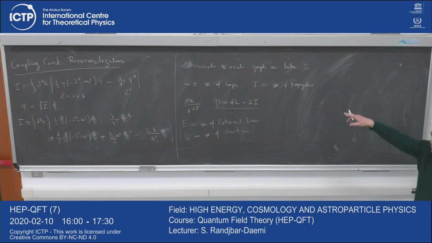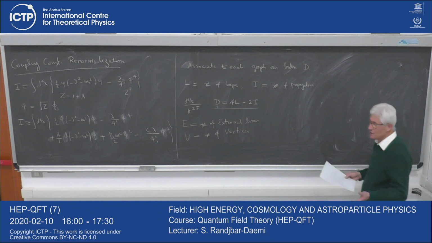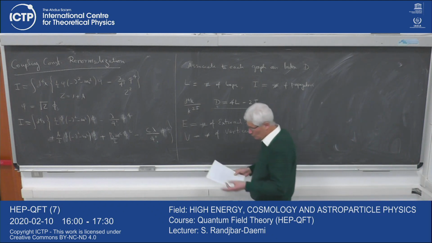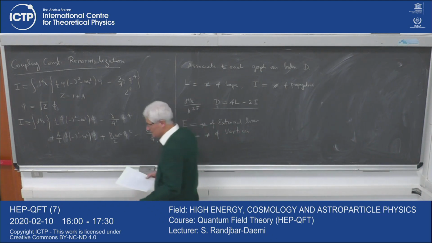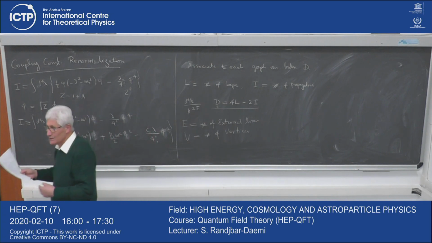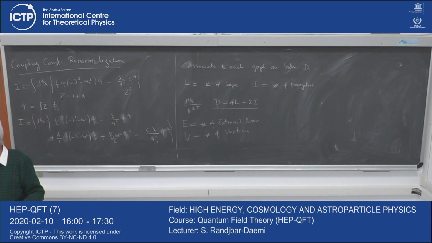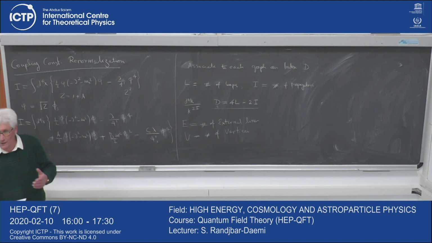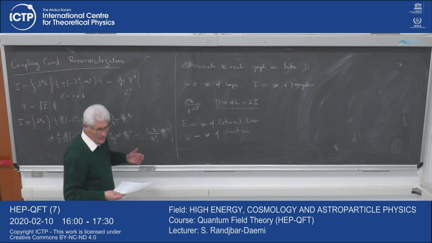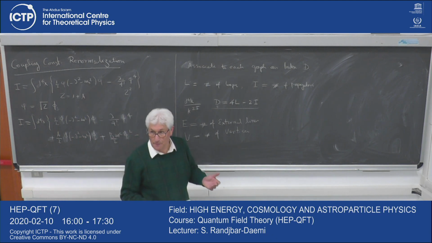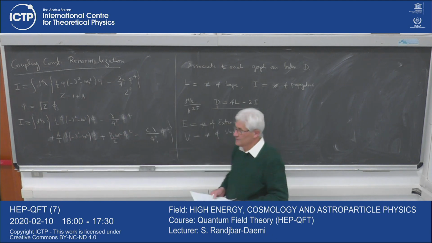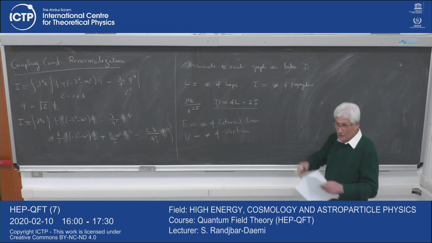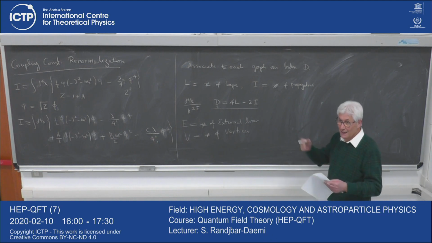And I am fixing 4 dimensions, but you can do it in arbitrary dimensions. That means in a general theory, you can have fermions, vector bosons, scalars in arbitrary number of dimensions, and arbitrary number of derivatives acting on them. This is the most general thing that you can construct with fields of spin not greater than 1. Okay? And it's a good exercise actually to write down these more general couplings and examine the problem, see what happens.